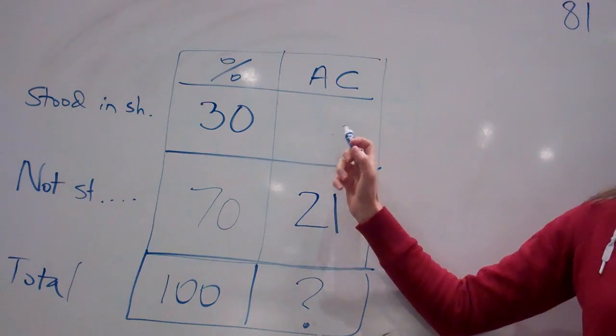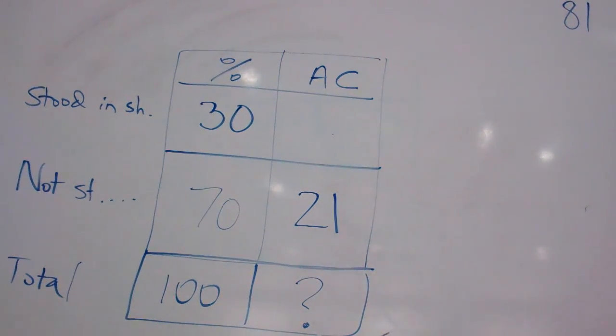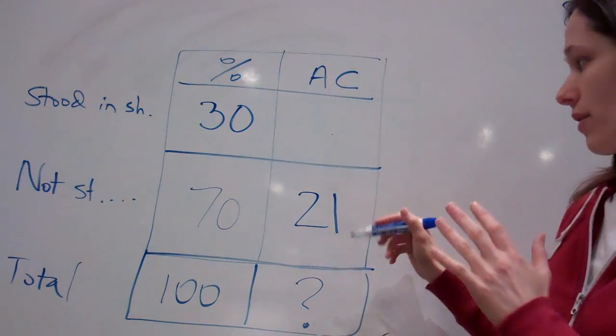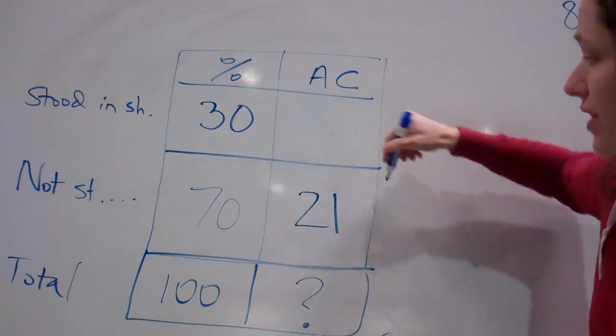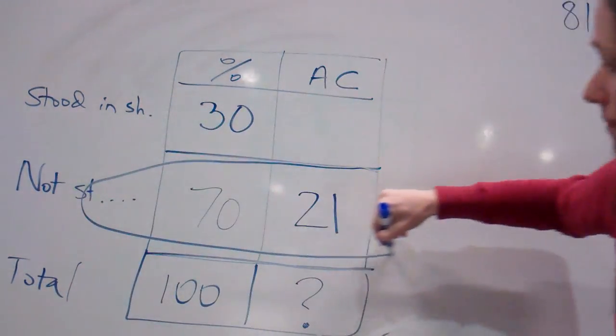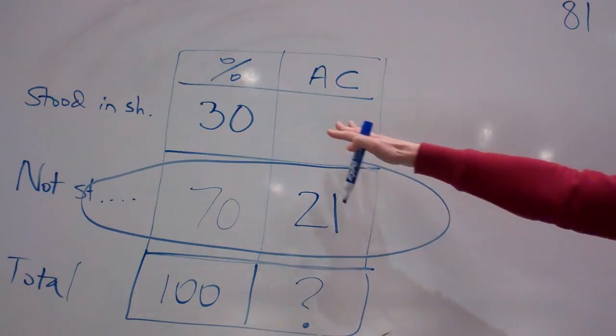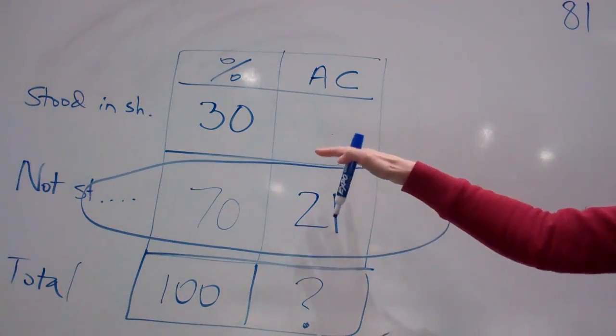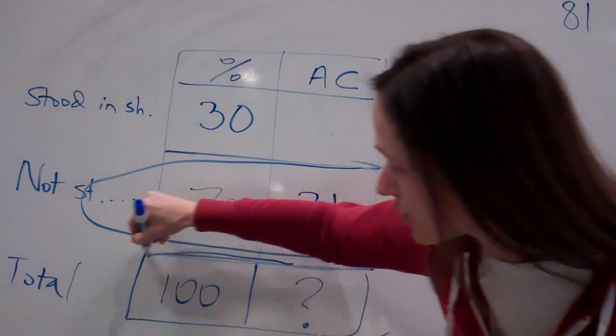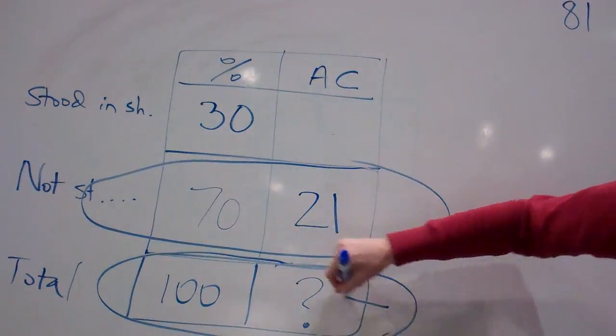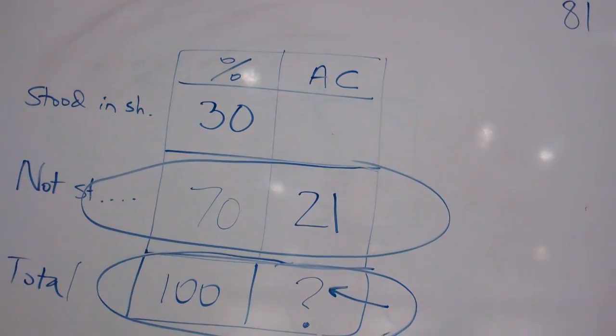No. Okay. So what I want you to do is that when you discover one row that has everything, that's a row you're going to use. Okay, so stay with me. And then you're going to use the row that they're asking you about. So are they asking us about this one? No. So we're also going to use this row because we want to know what that question mark is.